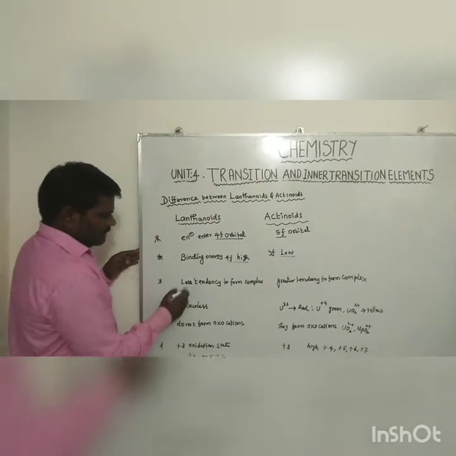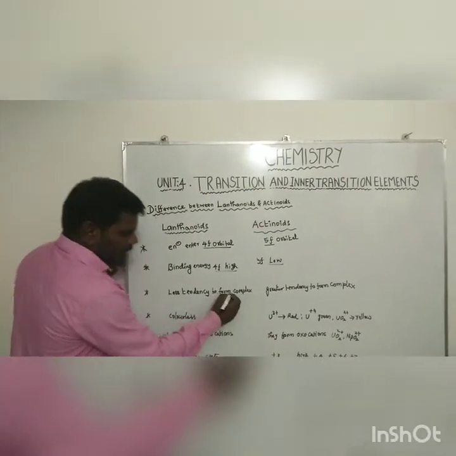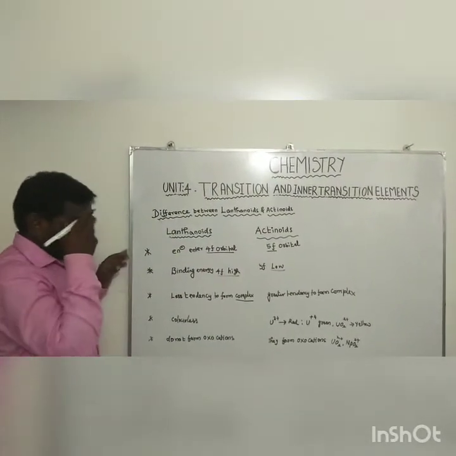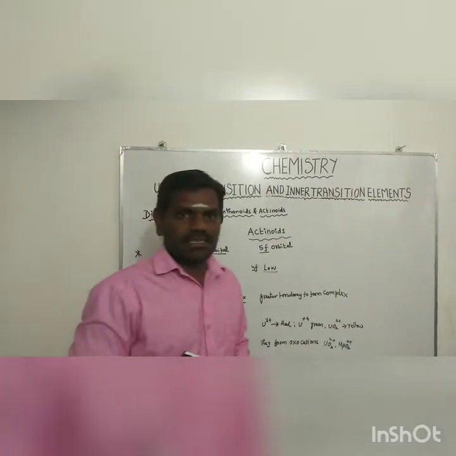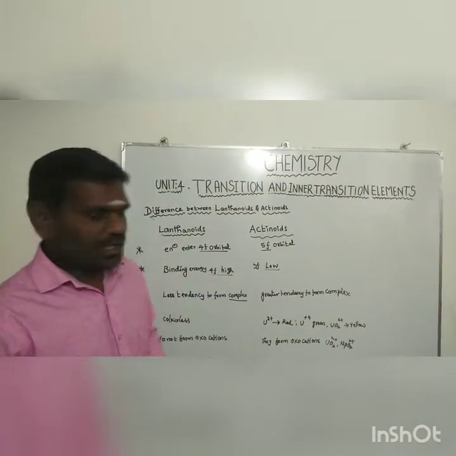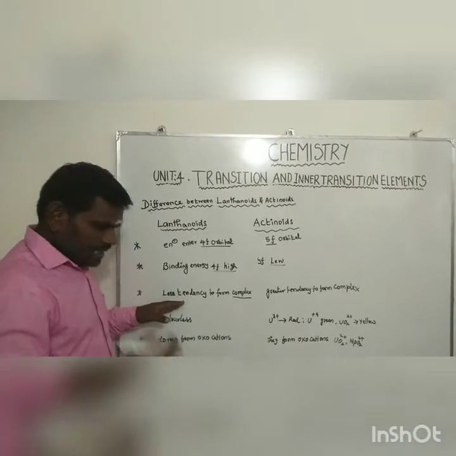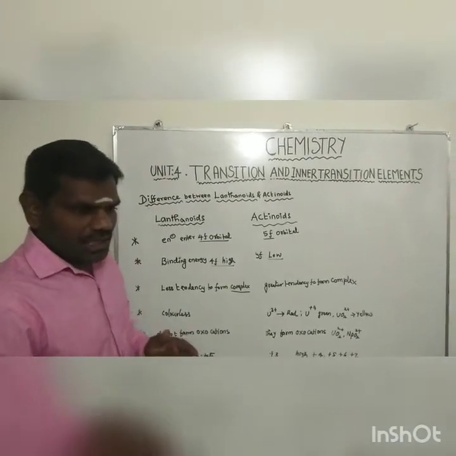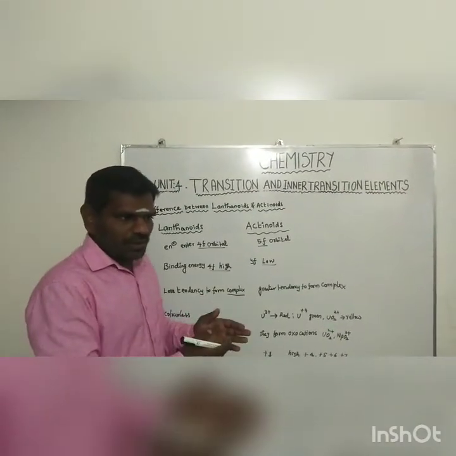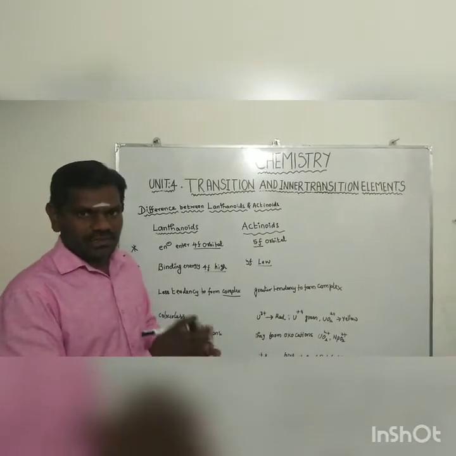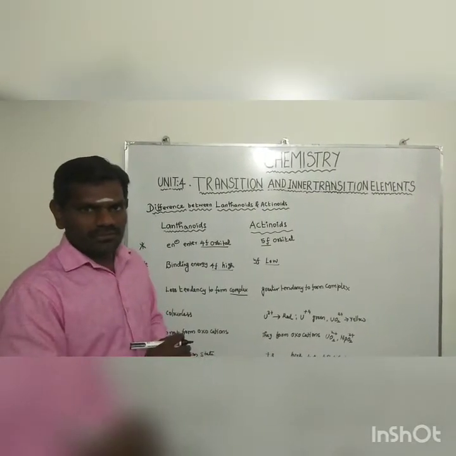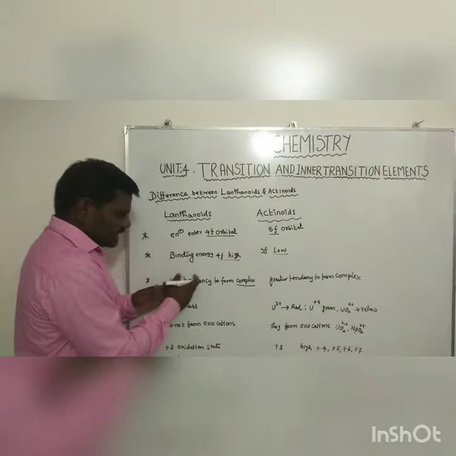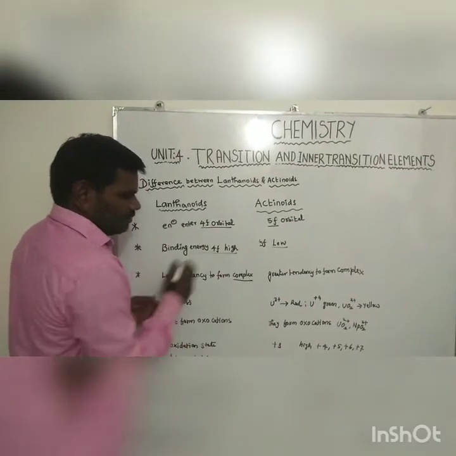Next one, tendency to form complexes. The 4f orbital has a very low tendency to form complexes because it is close to the nucleus and does not involve in bonding.